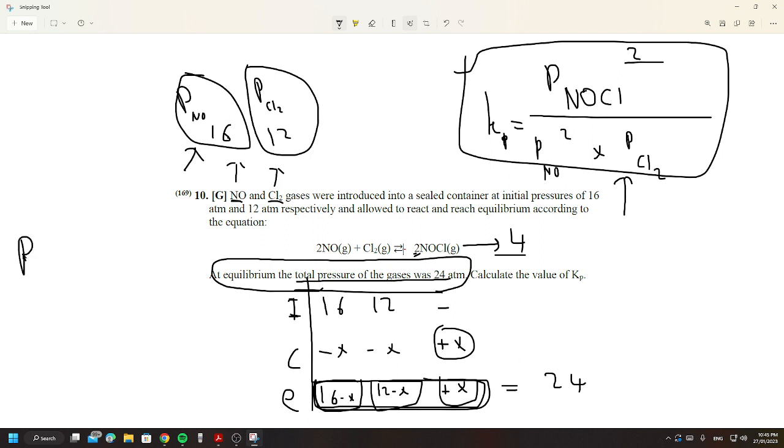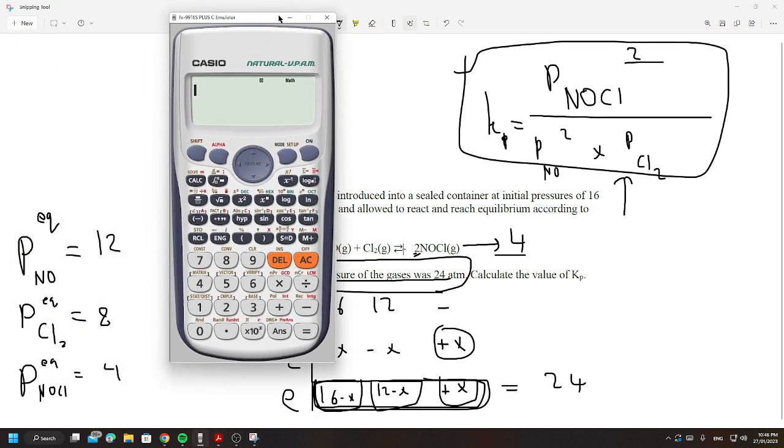So the pressure of NO at equilibrium is equal to 16 minus x, so 16 minus 4, which is 12. The pressure of Cl2 at equilibrium, which is 12 minus x, so 12 minus 4, which is 8, and the pressure of NOCl at equilibrium, we know it's 4. So now it's much easier to substitute into the calculator and solve.